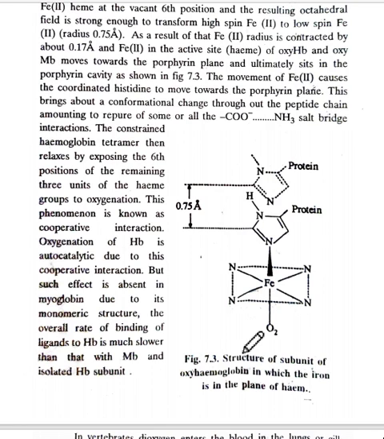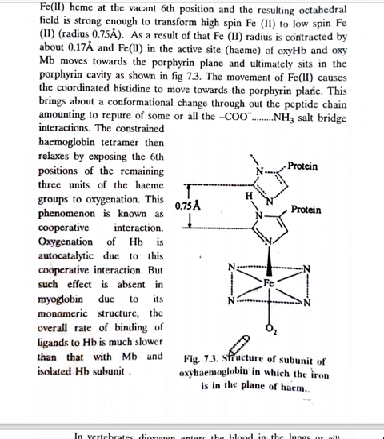Oxygen binds to Fe2+ heme at the vacant sixth position, and the resulting octahedral field is strong enough to transform high spin Fe2+ to low spin Fe2+, where the radius is 0.75 angstrom.